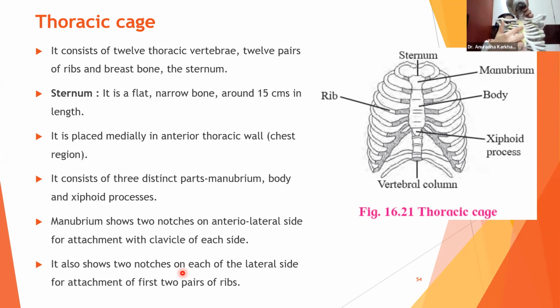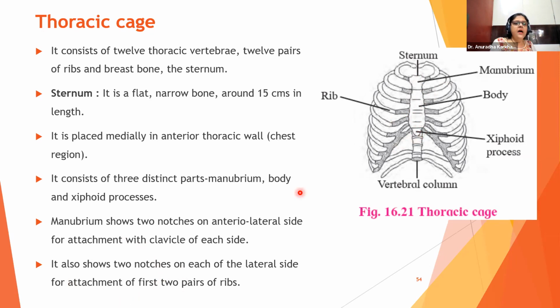Manubrium. Then this entire one is going to be the body, and the lower end will be called as the xiphoid process. Okay, that is the xiphoid process. So in this way, here also in the diagram you can see it very clearly. The manubrium, this is the body, and this is the end portion which is called as the xiphoid process.